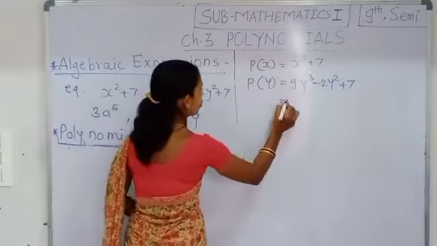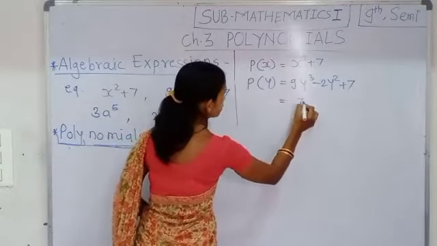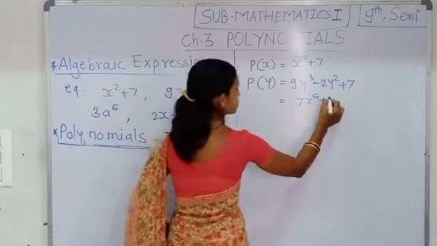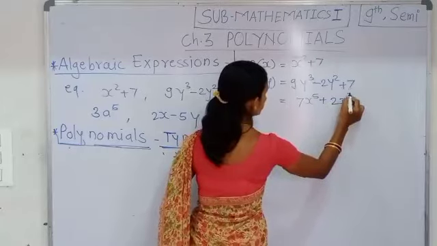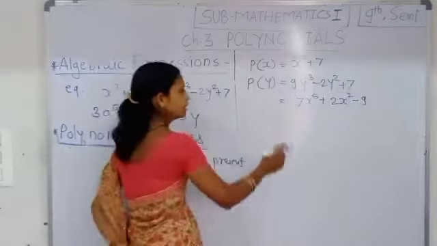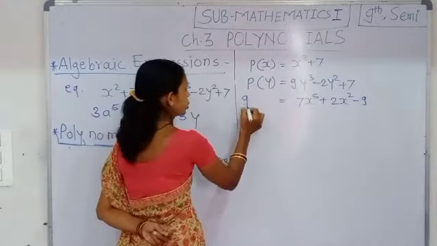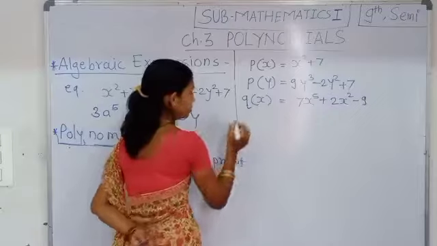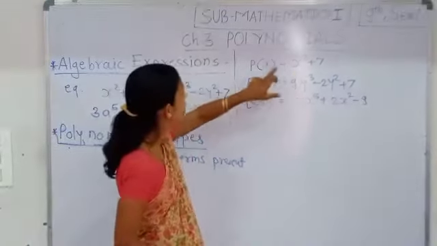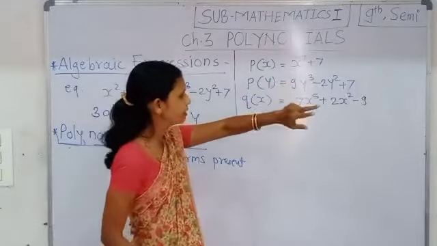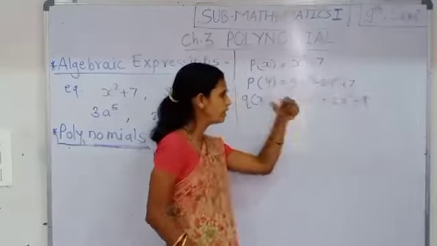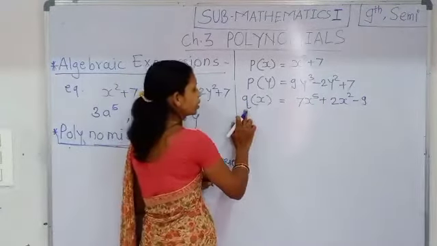If there is one more polynomial, that is 7x raised to 5 plus 2x square minus 9, then let us consider q(x), because it is a second polynomial given in the variable x, so we can denote it by q(x).